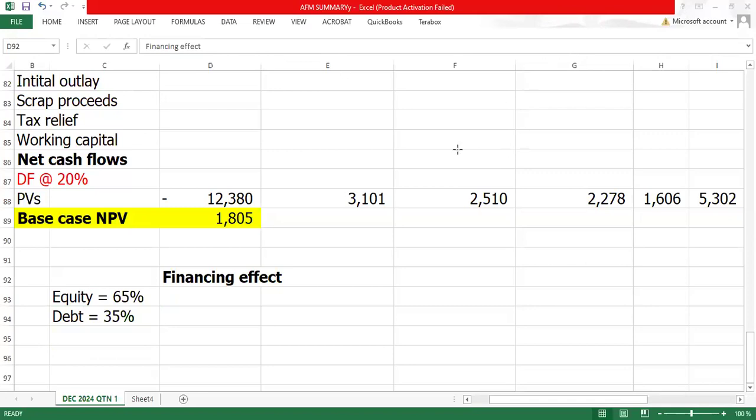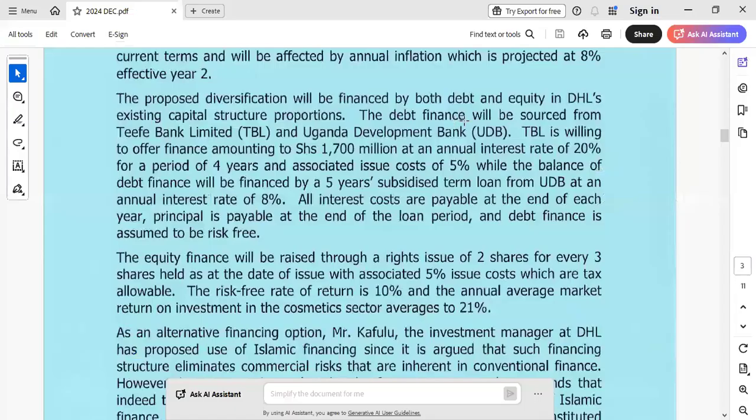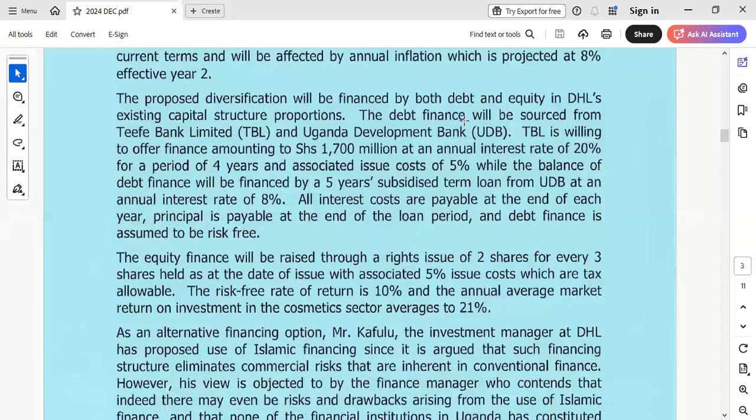But when you look at what the examiner has told us here, he is saying that the debt finance will be sourced from TBL and UDB, Uganda Development Bank. So you have two sources.